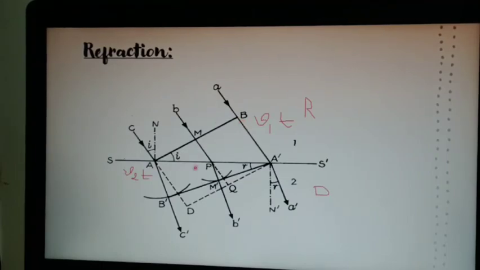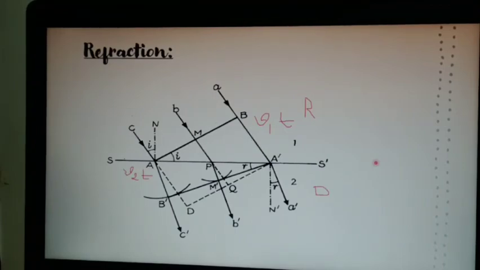Here also you have to show that sin I by sin R is equal to a constant, where I is the angle of incidence which is made by the incident wavefront with the surface of separation, and A dash B dash is a refracted wavefront. And refracted wavefront is making an angle R with the separation S dash. So that are incident wavefront and refracted wavefront.